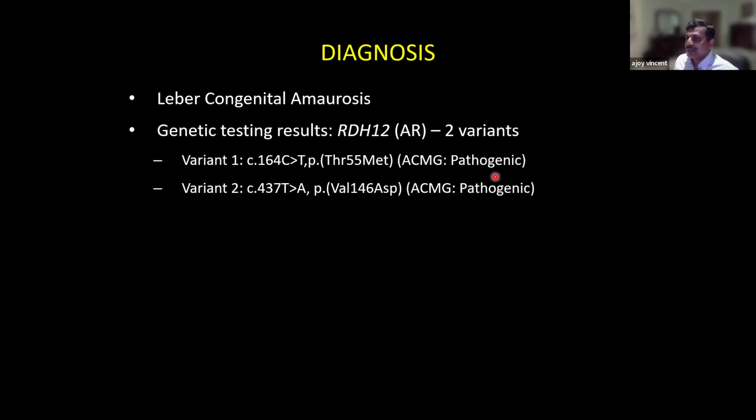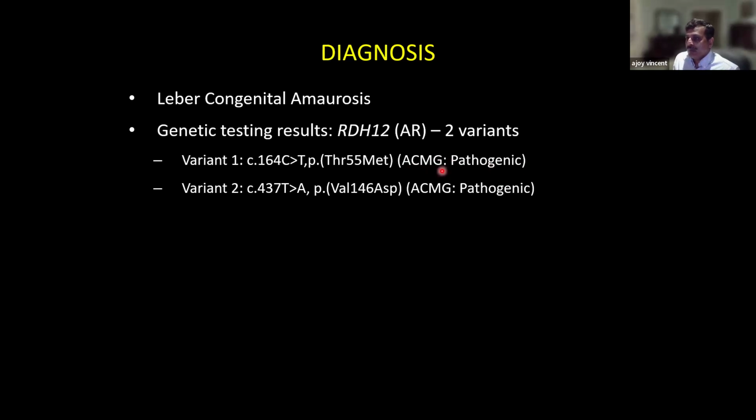So when you do genetic testing, typically we order genetic testing for, let's say, 300 genes that are known to ever be associated with IRD or inherited retinal dystrophy. Oftentimes you have more than one gene variant that comes back. So there is a classification system by the American College of Medical Geneticists, which is called ACMG.